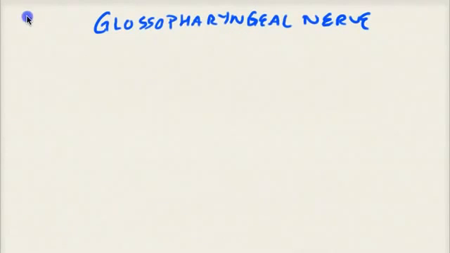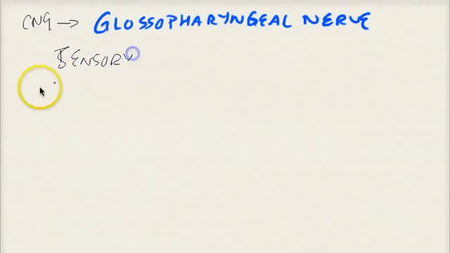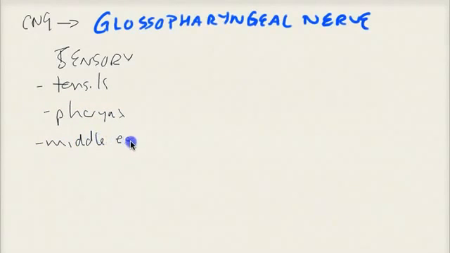Now let's talk about cranial nerve number 9, which we also call the glossopharyngeal nerve. There's some important stuff to know about the glossopharyngeal. First, its functions. It provides sensory fibers from the tonsils, from the pharynx, from the middle ear, and the posterior one third of the tongue, and we know that that is the taste sensation.